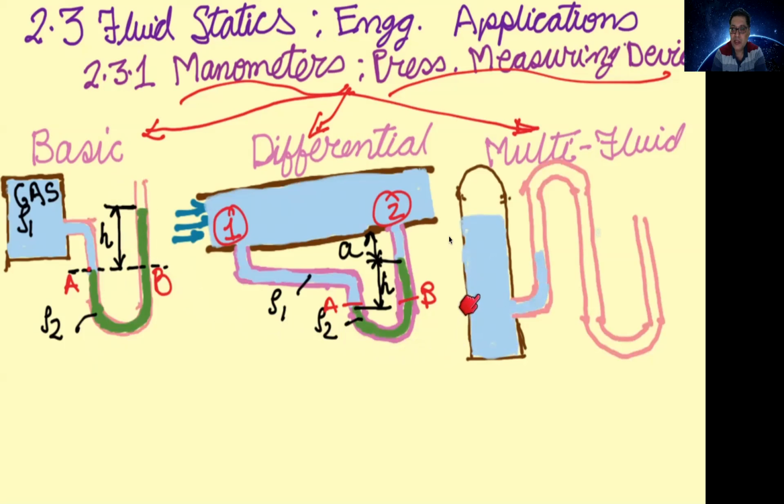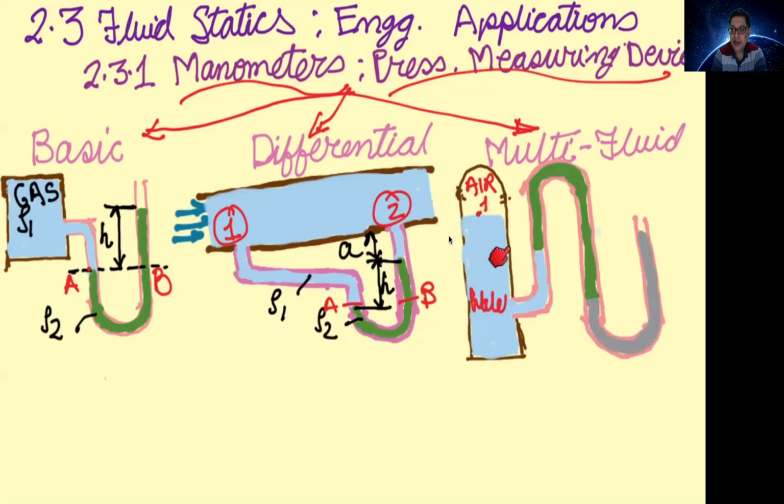So let us suppose this is a tank where you have filled with water, and in the top you have air. And so this is one of the manometric fluids shown by green. Then they have another manometric fluid which is shown by gray color. So you have air at the top, and then you have water in the tank.